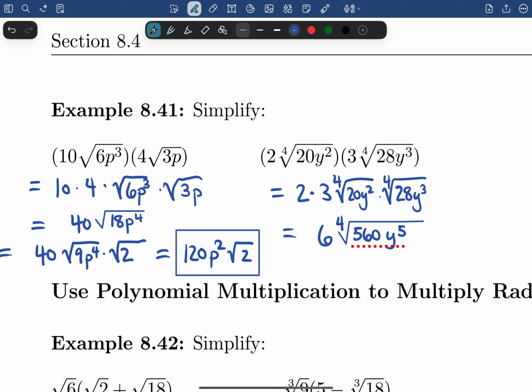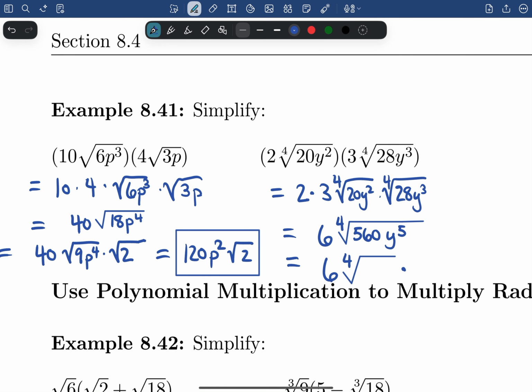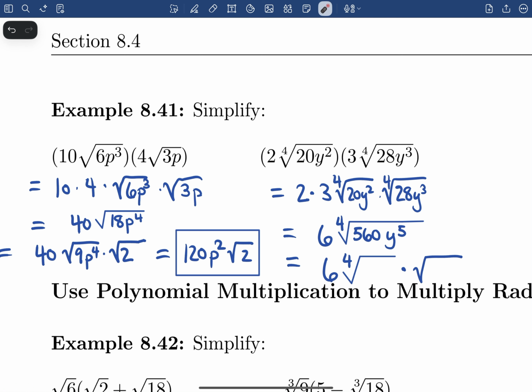All right, so I'm going to now take 560 and split it into a perfect fourth, right? Because the index is 4, so we're thinking perfect fourths, times the leftovers. So I'm splitting this radical back into two radicals using the product rule, product property.